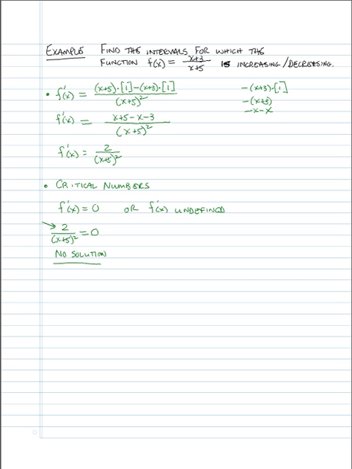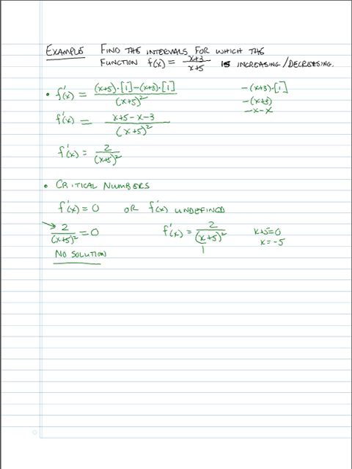But now, when we look at derivative undefined, once again, the derivative is 2 over x plus 5 squared. The only way this can be undefined is if the denominator is 0, and the only way the denominator is 0 is if x plus 5 is 0, and that would be when x is negative 5.